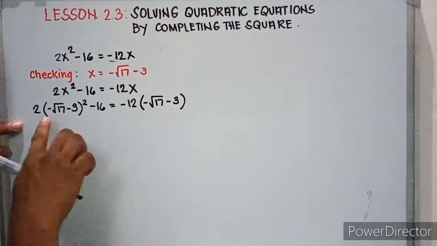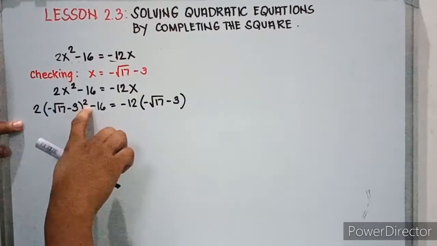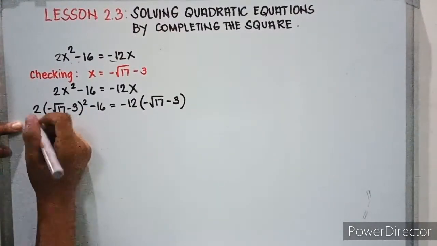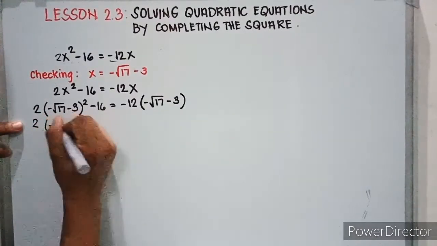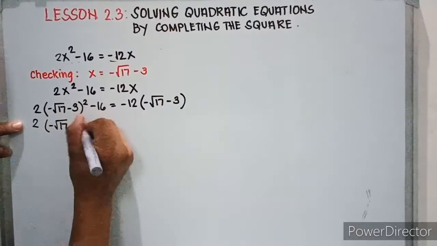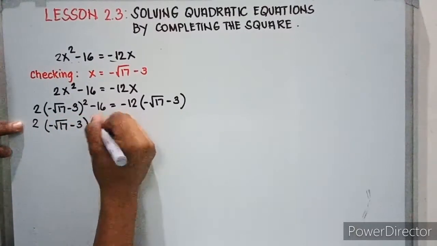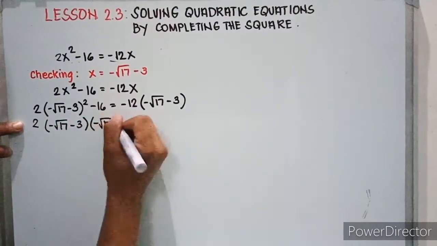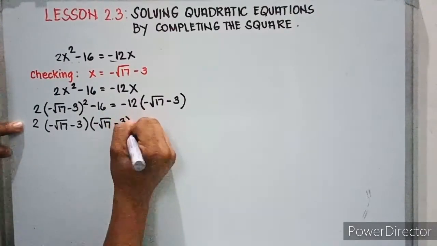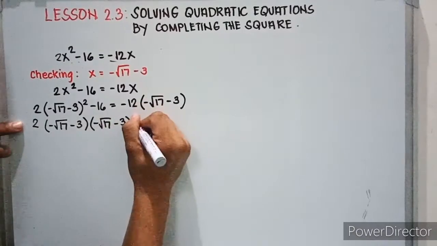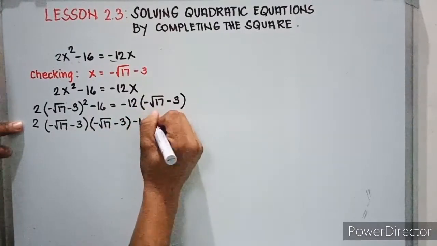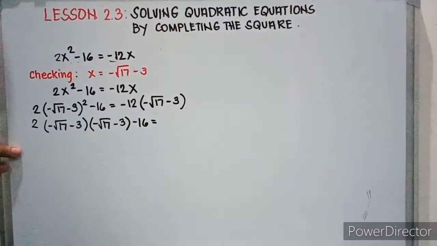Then, since we have square here, so we have 2 factors. So we have 2 times negative square root of 17 minus 3 times negative square root of 17 minus 3. Since we have squared, so we have 2 factors, then minus 16 equals, then let's distribute.